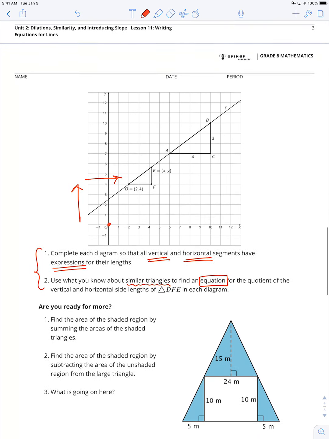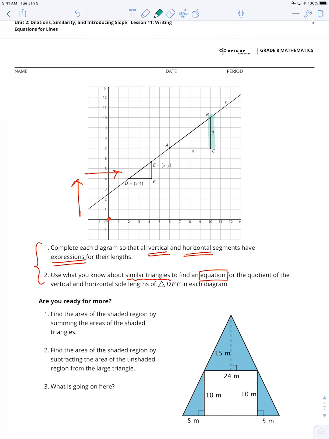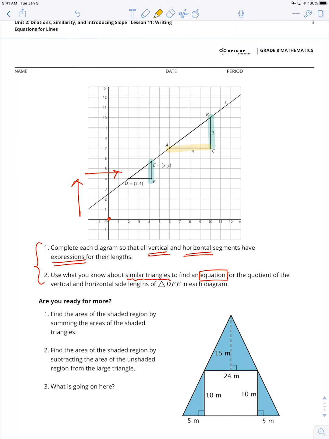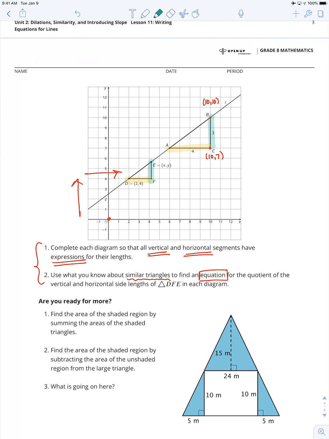Okay, so let's get the highlighters out again. I'm going to highlight my vertical change green for both of them, my horizontal orange or yellow, depends on how you look at it. So let's take these expressions again here. I know that this is 10, 10. This is 10, 7. They both have in common the 10s for the x value, and it's the y values that are different.